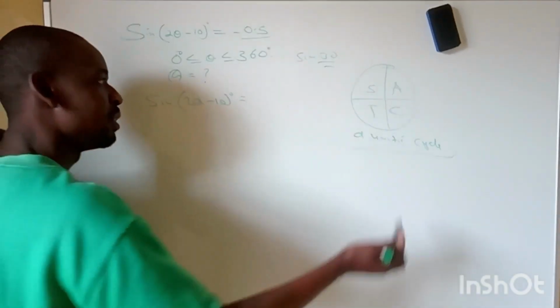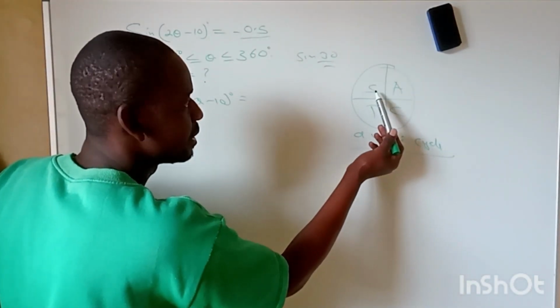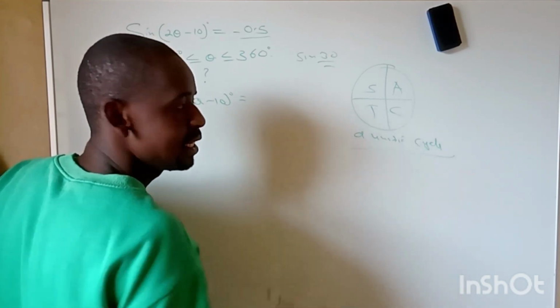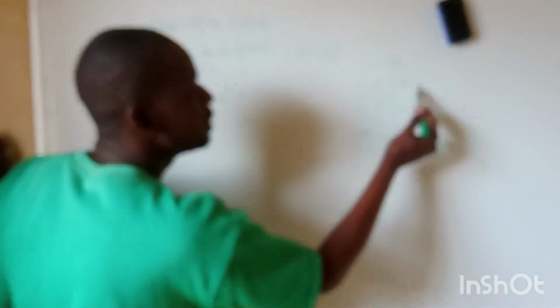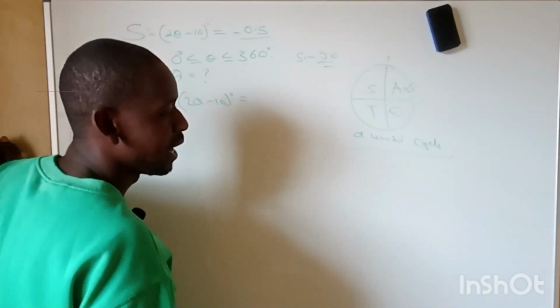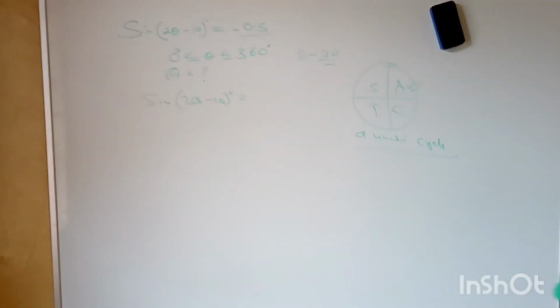It all depends, so long as the first quadrant is A, the second is S, then T, and C. So what does that mean? In the first quadrant all are positive. That means the sine, the cosine, and the tangent are all positive.